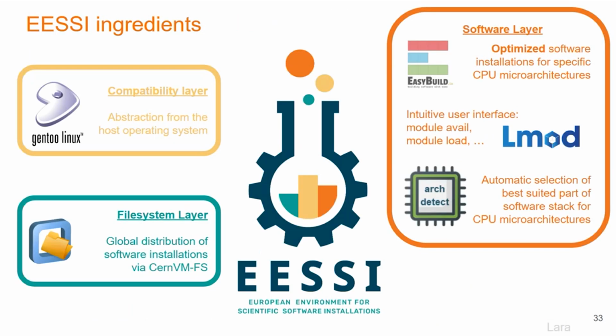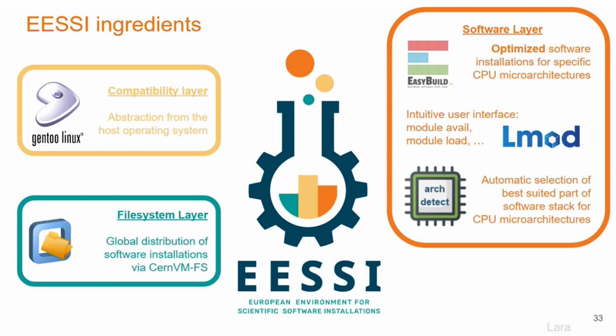So the EESSI ingredients, I've gone through them already. We're using Gentoo Linux for the compatibility layer, CernVM-FS for the file system layer. For the software layer, we're at the moment only installing with EasyBuild, but we're also looking at tools like Spack to use as well. Then, as I said, we're also using Lmod and the module system to make the software available.